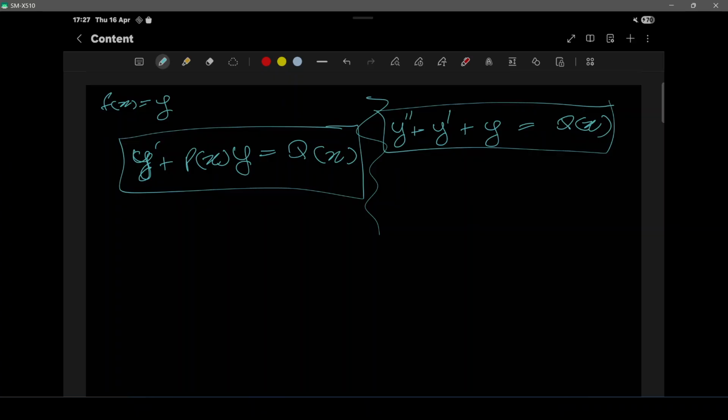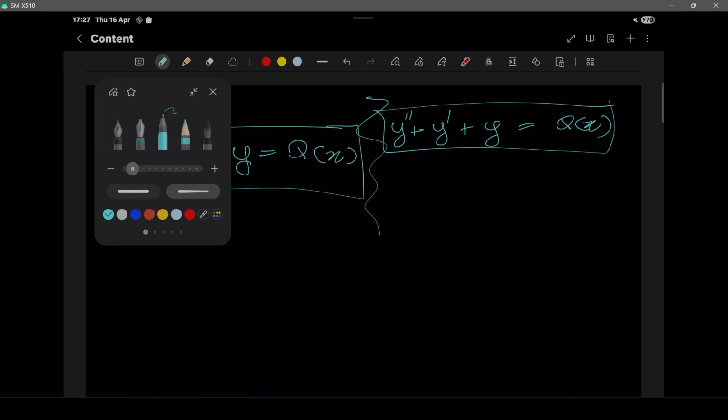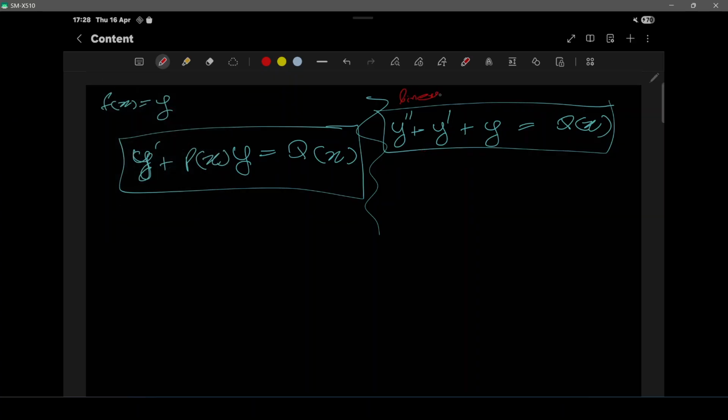For a differential equation to be linear, mainly you have to remember three things. In the linear format, there should not be any powers of the derivative like this one. Here we talk about the degree.